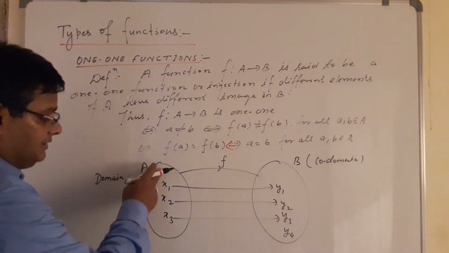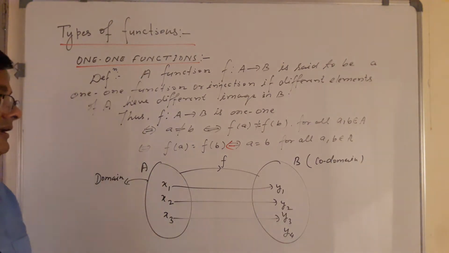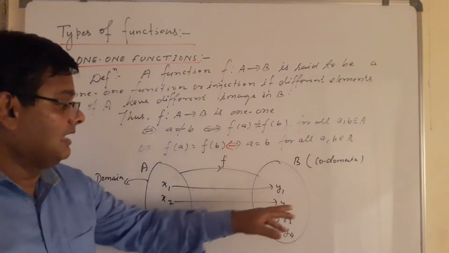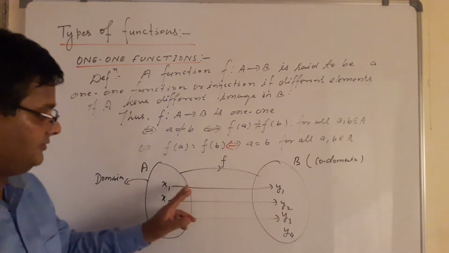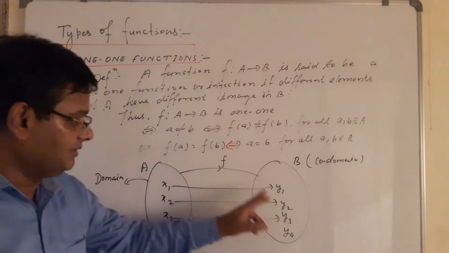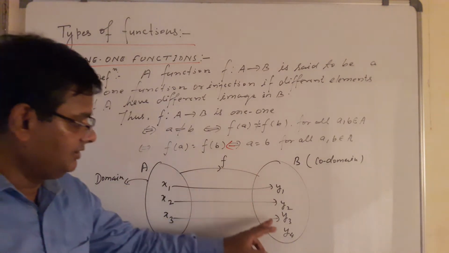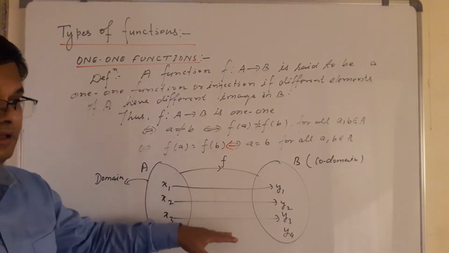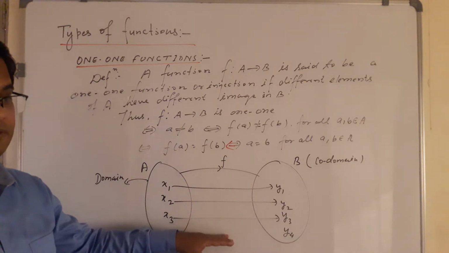Each and every element of set A has an image in B, and there is a one-one correspondence. Then we can say that it is a one-one function.